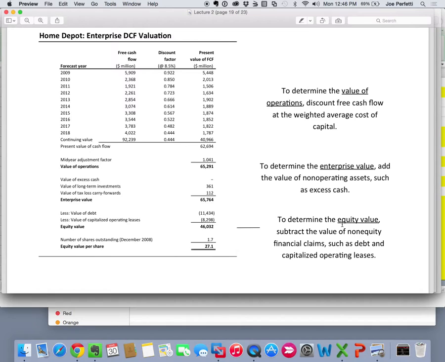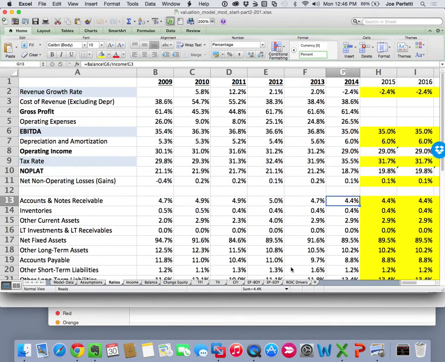This ties into Modigliani-Miller, so it has the 4 major sections of the valuation. The operating value plus the non-operating value is enterprise value, and that's going to equal the debt and equity value.